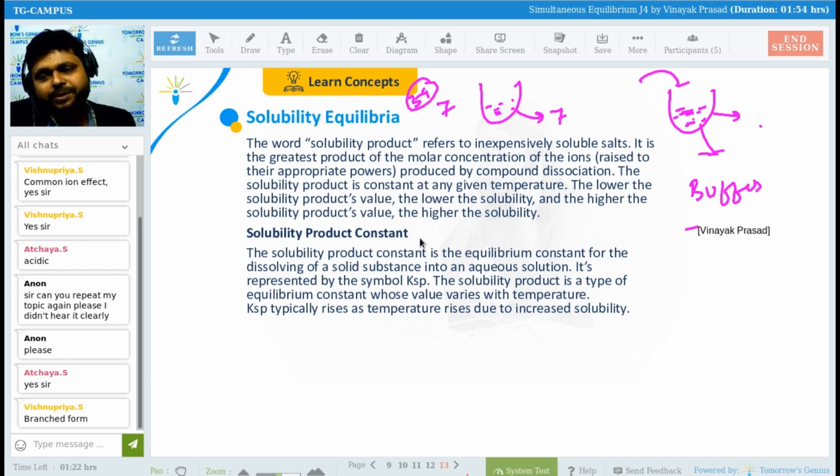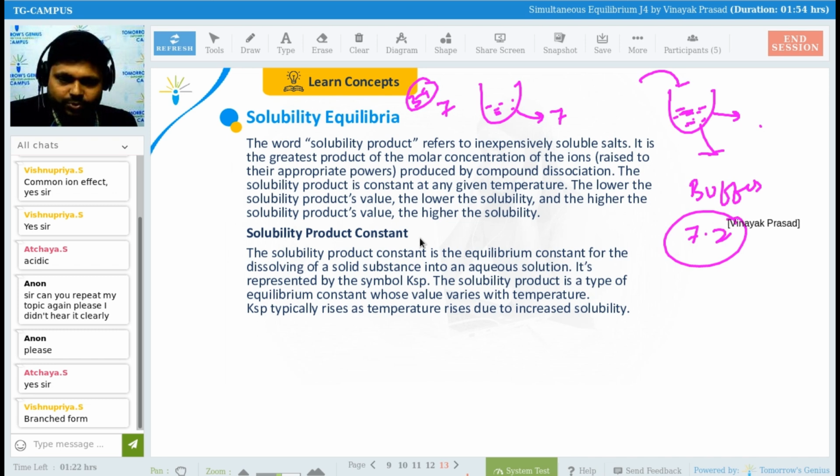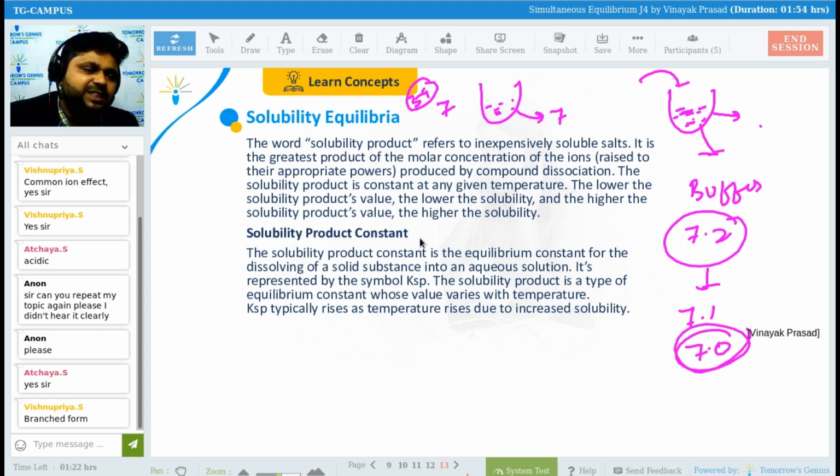Let's suppose the pH of this buffer solution is 7.2. Then it will change to around 7.1, or maybe 7 only. So a minimal change will be seen in this case.